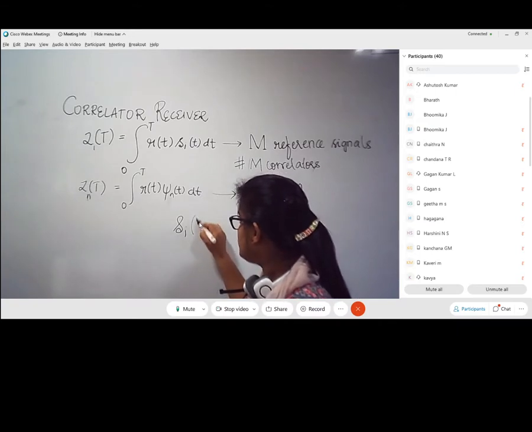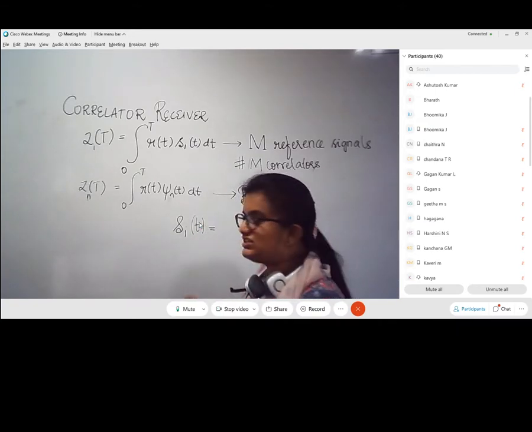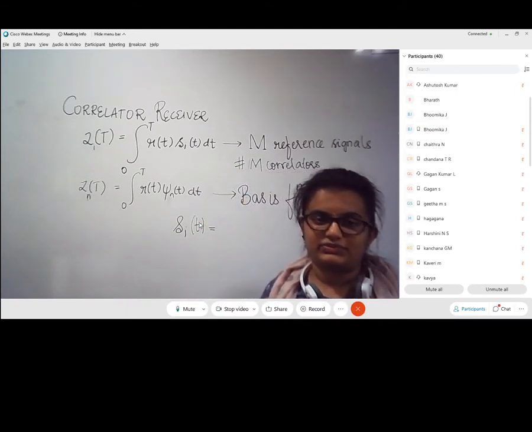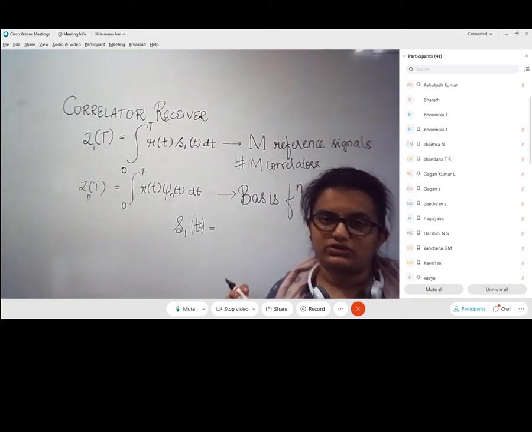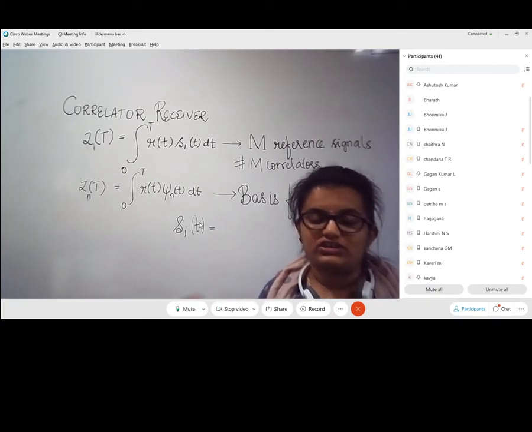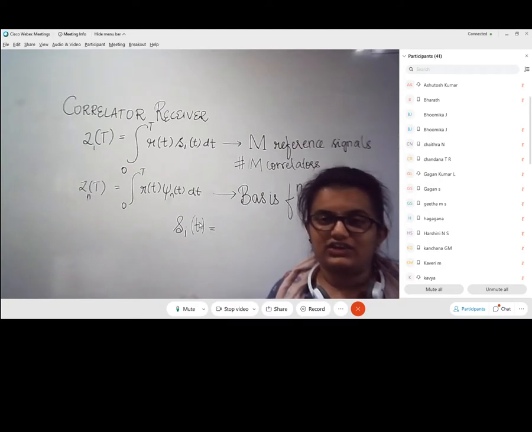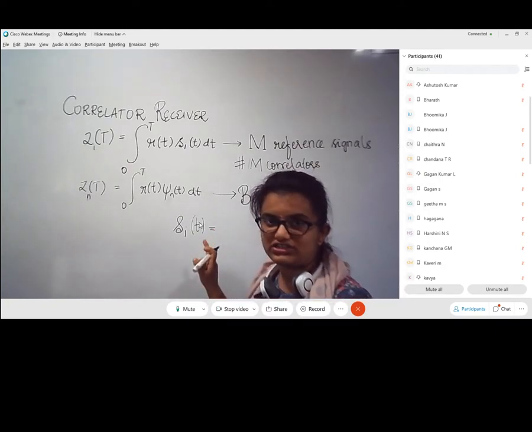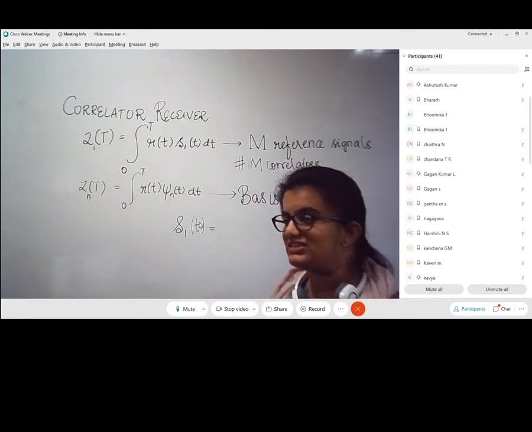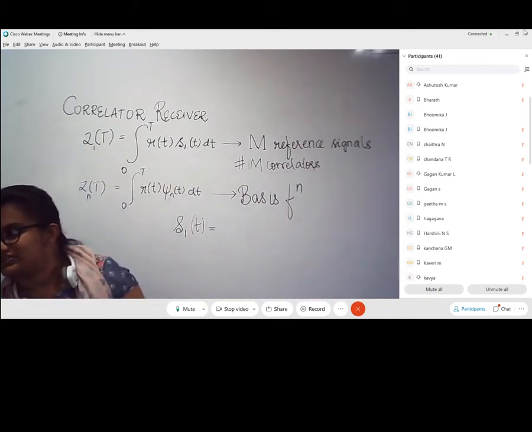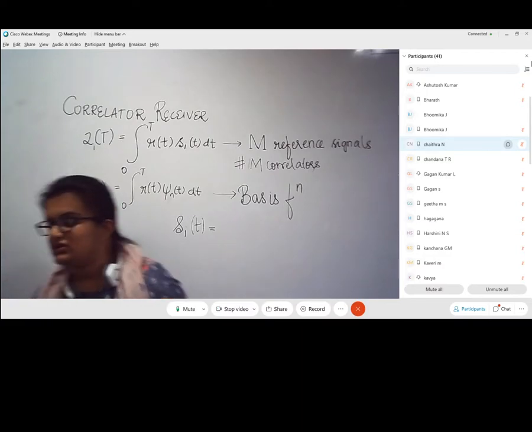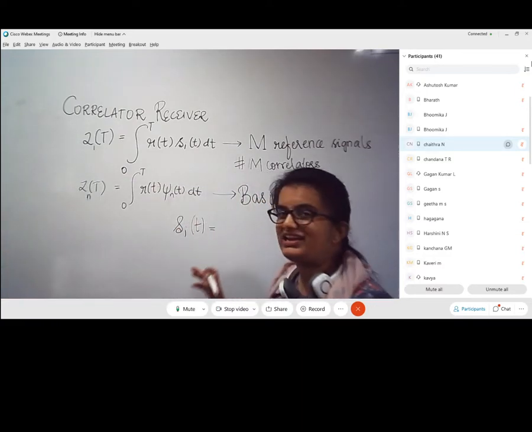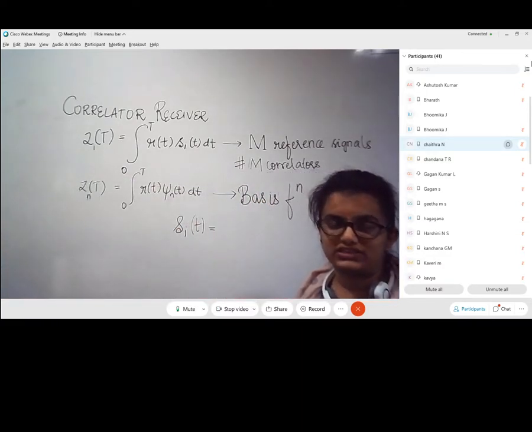Each axis in that orthogonal vector space is recognized by a basis function, and these are orthogonal to each other. Therefore every symbol Si of t in the given modulation technique can be expressed as a linear combination of these basis functions, and this plays a very significant role in reducing the complexity involved in the design of receivers.